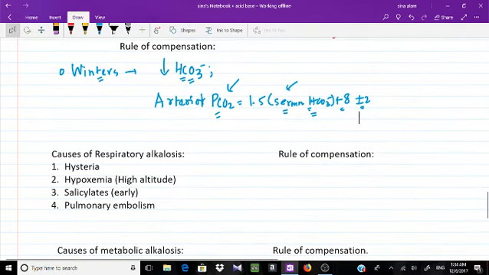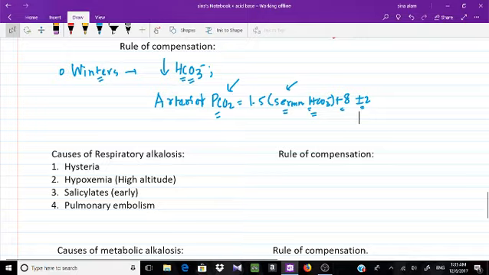First you look at the bicarbonate level, then you calculate your predicted arterial PCO2 level, and then you look at your actual clinical PCO2 level. If the PCO2 level does not match your predicted or calculated PCO2 level, there will be some mixed condition going on.